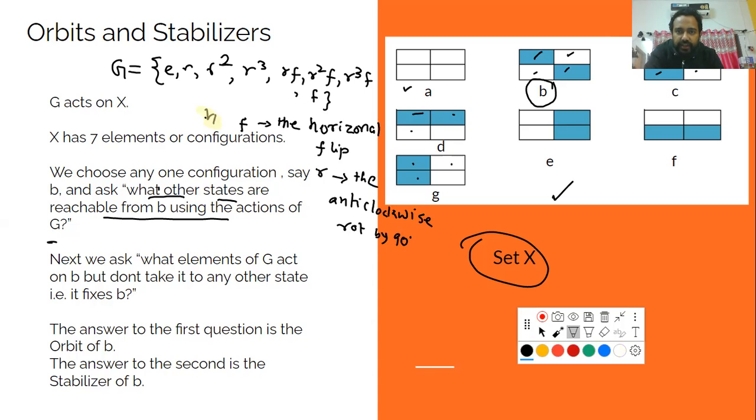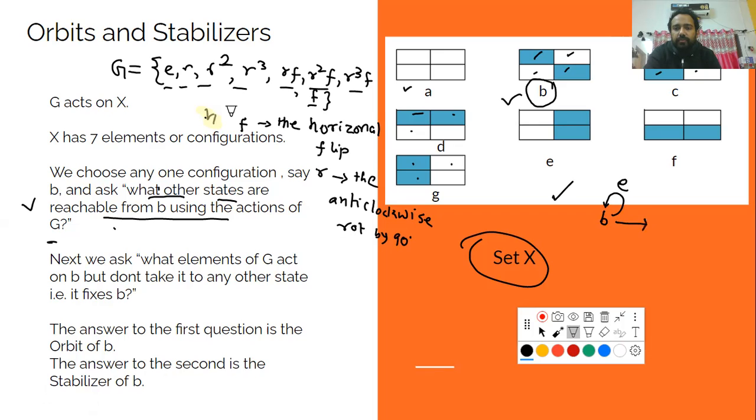So we choose an element B and we do what it says here, right? We will take each and every action of G and apply that action to B. Let's see what happens. B acted upon by E will lead to B, because E does nothing.